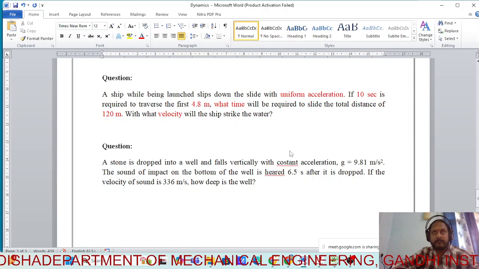What is the given data first? Let us write the velocity of sound. The velocity of sound is 336 meters per second.